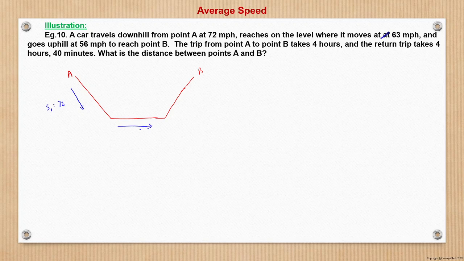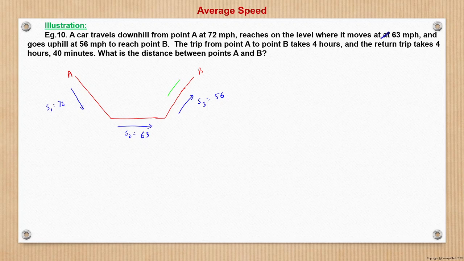Then it covers this part at a speed of 63 and then uphill at a speed of 56, right?